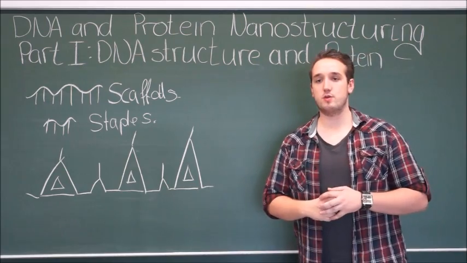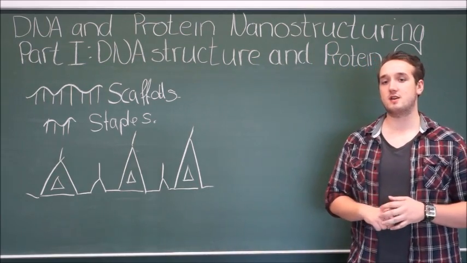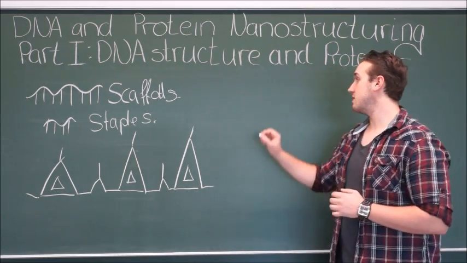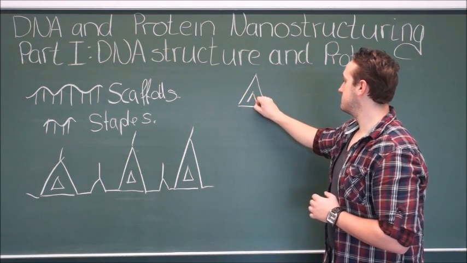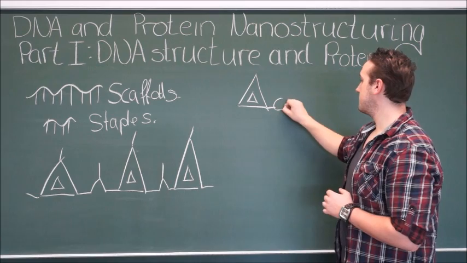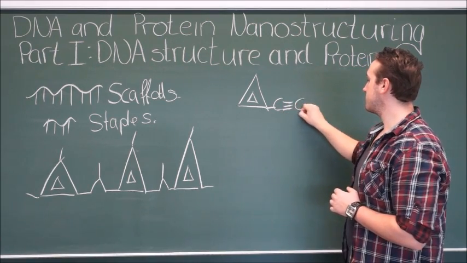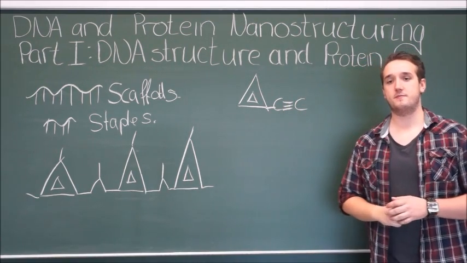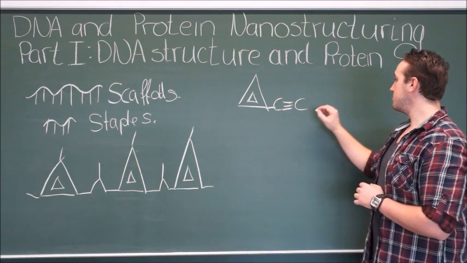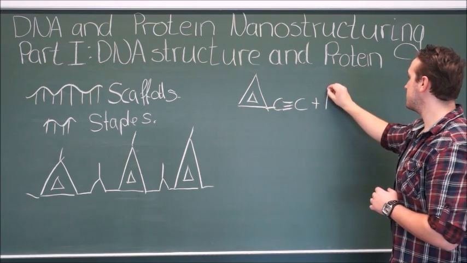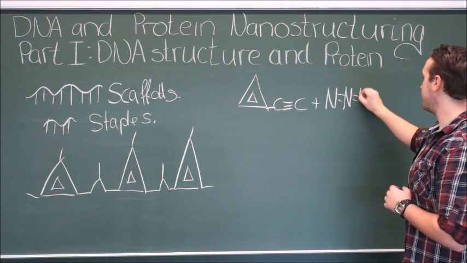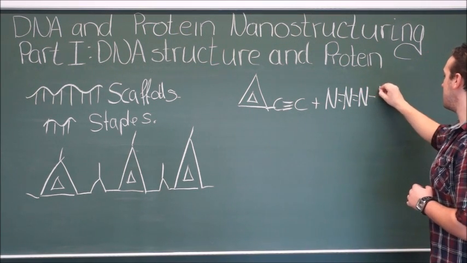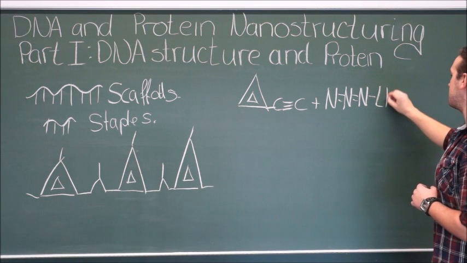On the other hand, we modify the triangle with an alkene oligonucleotide at one edge. And add a peptide. It has an aza group at the N-terminus and an LPXTG motif at the C-terminus.